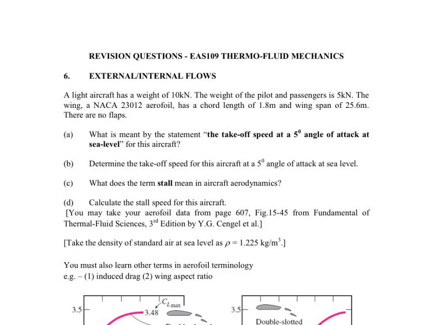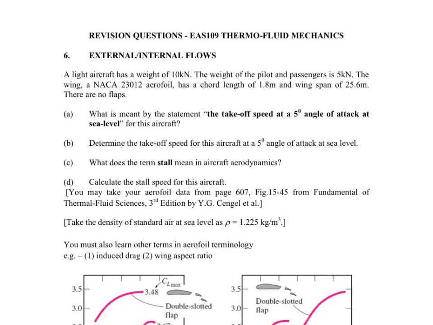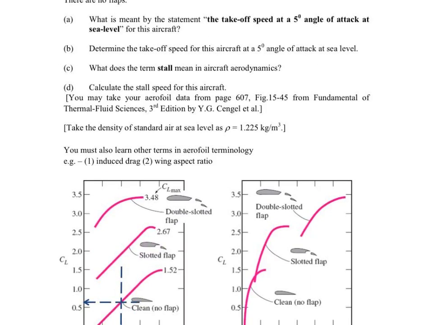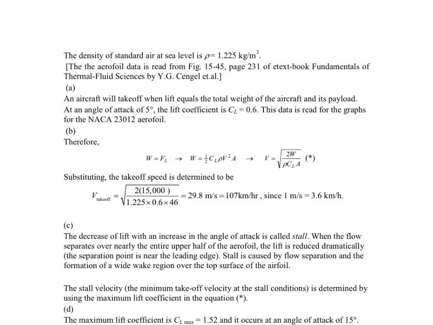You are asked question A, what is meant by the statement the takeoff speed at a 5-degree angle of attack at sea level? What does it mean? So let's look at how we might answer this. If we look at the first answer, an aircraft will take off when the lift equals the total weight of the aircraft and its payload.